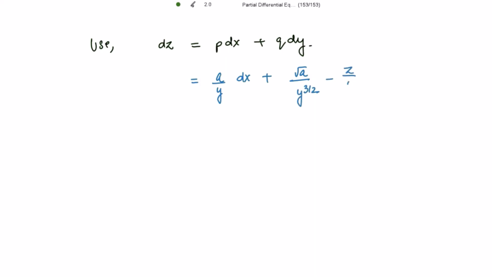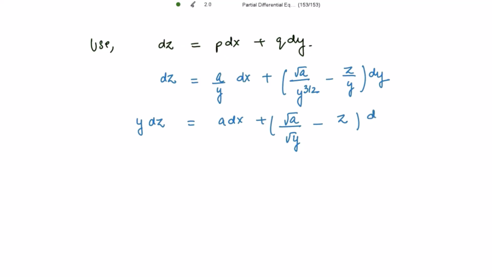And now we need to use the equation to get the value of z, the complete integral: dz equal to p dx plus q dy. So what is p? It is a divided by y dx. What is q? It is square root a divided by y to the power 3 by 2 minus z divided by y, and this is dy. Taking y common from the denominators, multiplying with dz, it is y dz equal to a dx plus (square root a divided by square root y minus z) dy.